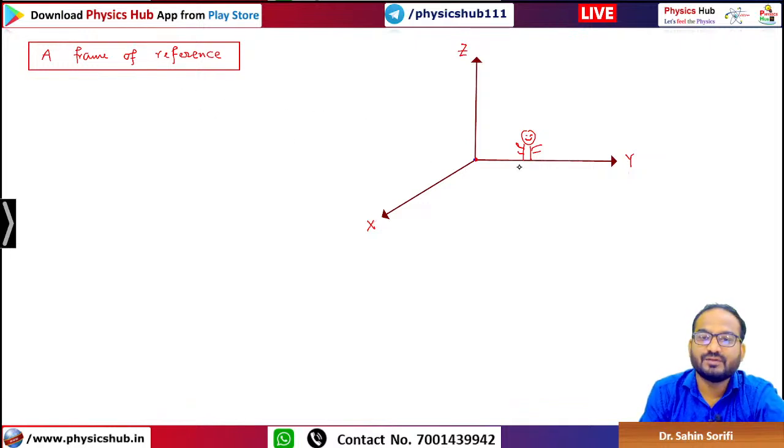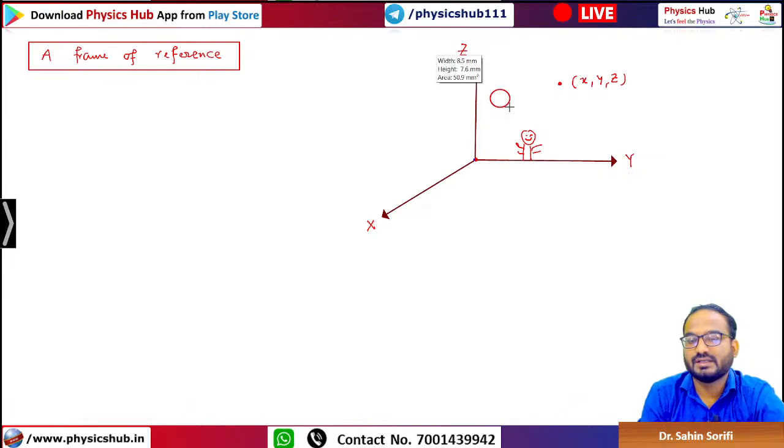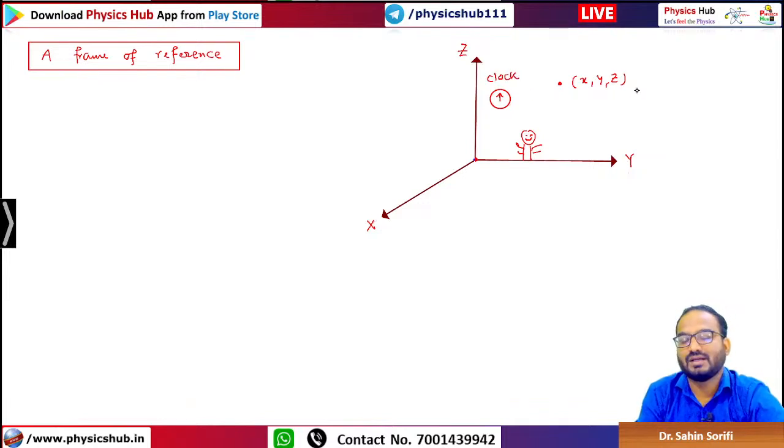So in a frame of reference, we need three quantities, let's say x, y, and z. In the discussion of special theory of relativity, we measure another quantity, that is time. So a clock is also associated with the frame of reference.